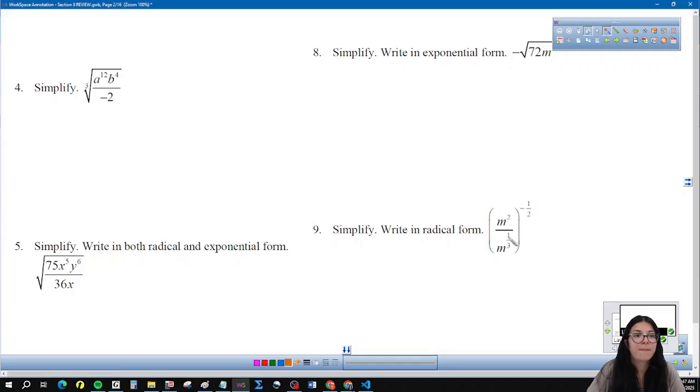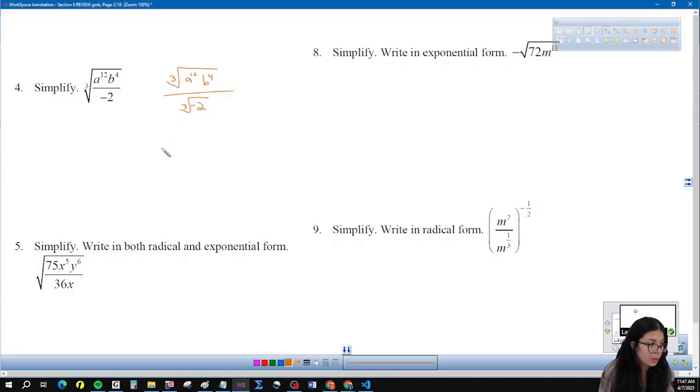Next up, number 4. So again, remember, we're going to simplify here. The first thing that I'm noticing is we do have a cube root, and that cube root is over the entire fraction. So I'm going to go ahead and split up the cube root of the numerator over the cube root of the denominator.